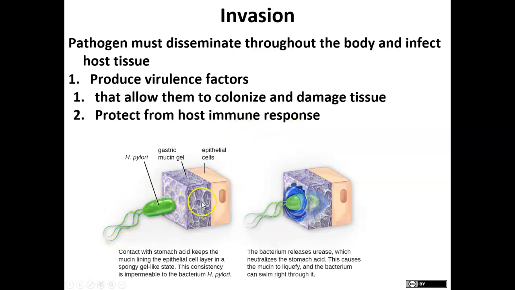H. pylori uses virulence factors to help them get through the mucin surrounding the gastric cells in the stomach. This allows them to get to the actual cells themselves, and then they can cause damage.